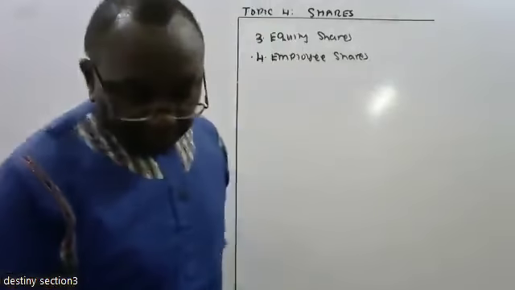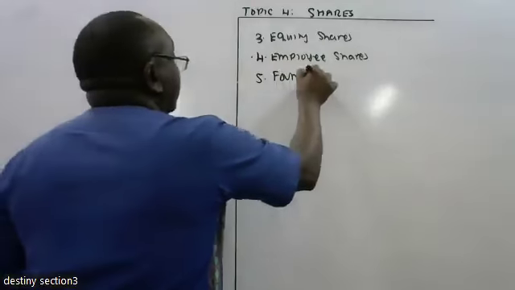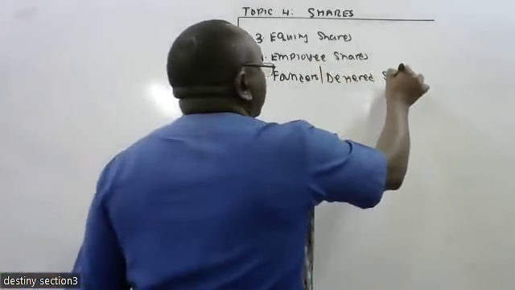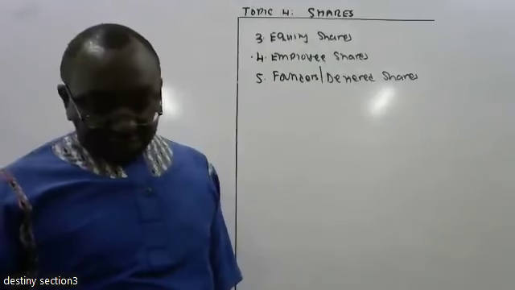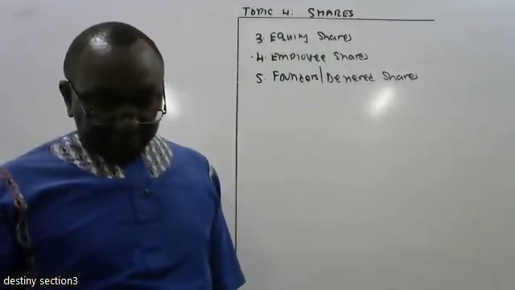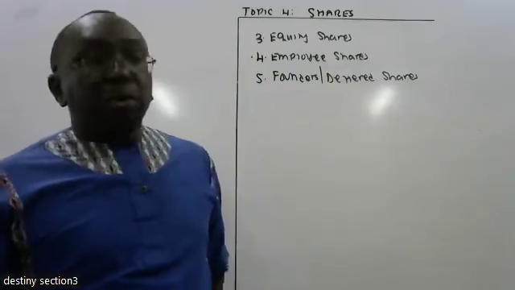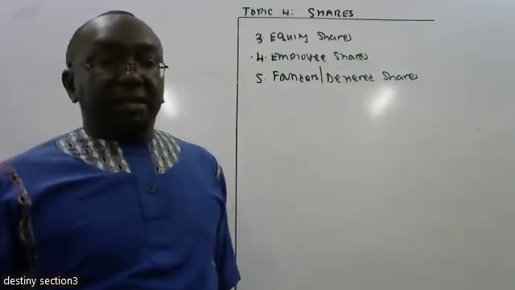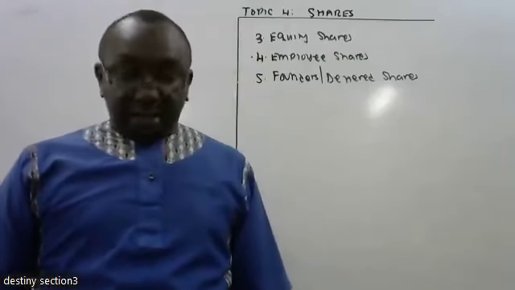Number 5 is promoters or deferred shares. Write that these are shares awarded to promoters as a reward.